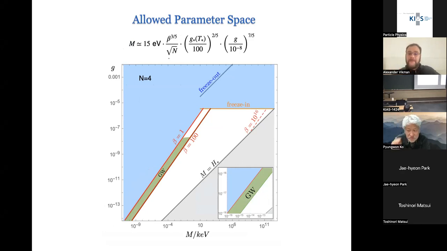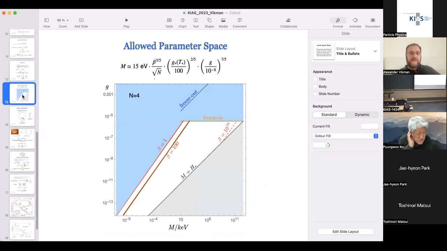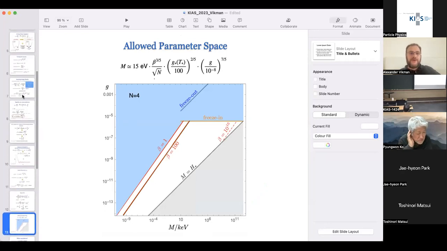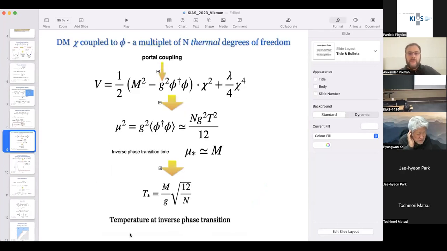If you see, if G is 10 minus 18, you can see that the inverse phase transition temperature becomes really too small. So you see, this M is your mass, right?